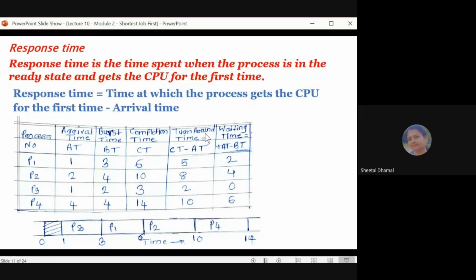In non-preemptive, the process gets the CPU only once and completes its execution. So here we can calculate the response time from the Gantt chart, similar to the waiting time. We will consider the left hand side number of the Gantt chart for each process, and we will subtract the arrival time from that. So it is the same. Okay, so that will be 2, 4, 0, 6, like this. In the preemptive approach, you will understand the difference between the waiting time and the response time.